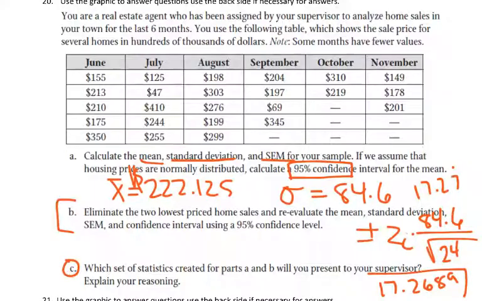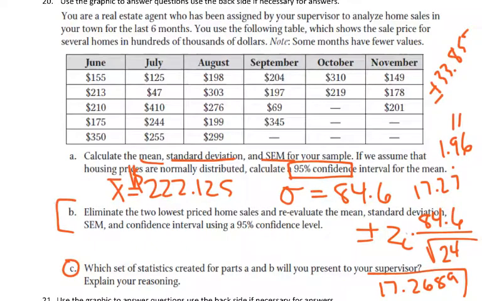So we multiply that by 1.96, and that's going to give us that 95% confidence interval. And that gives us plus or minus 33.85. Good round. So what that tells us is that margin of error is 33.85.